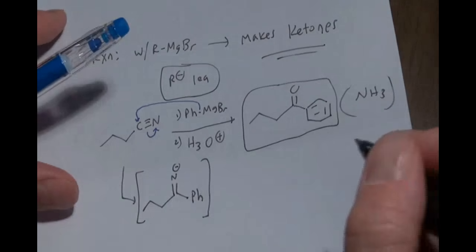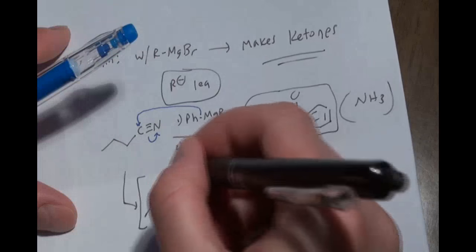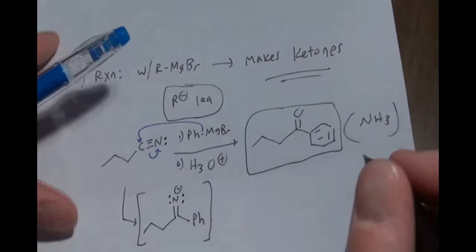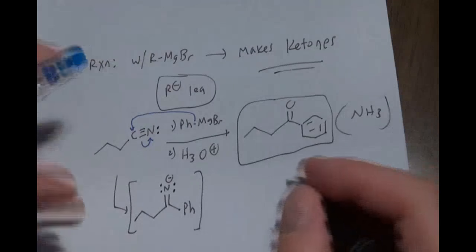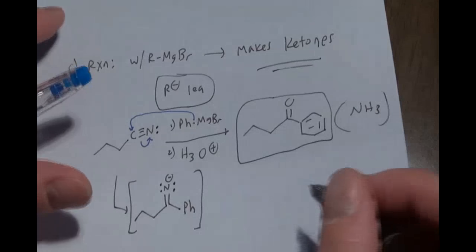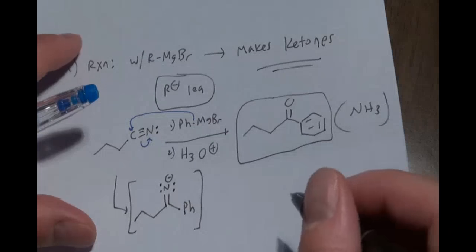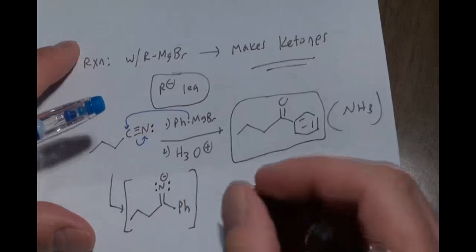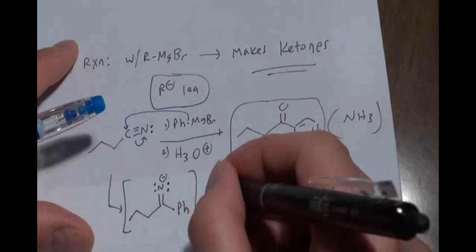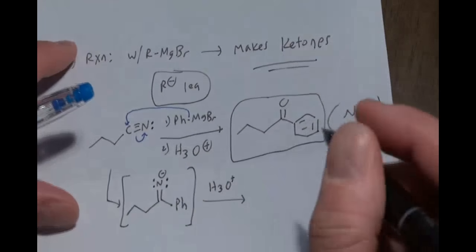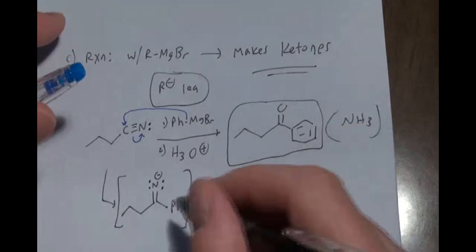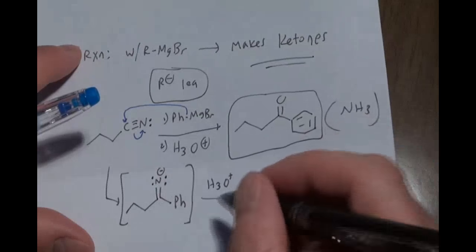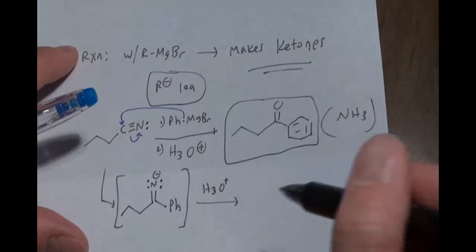Kind of a deprotonated nitrogen, right? There was one lone pair, now there are two lone pairs. Okay, it stops here. It doesn't react again. You can imagine it might react again, but it doesn't. I've never seen that happen. But now the nitrogen, then you do your protonation with acid water. And it protonates twice. So nitrogen attacks, nitrogen protonates twice.